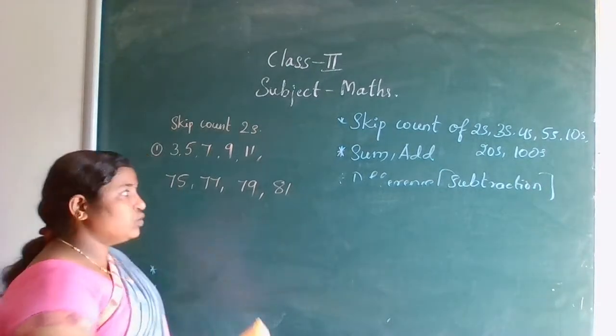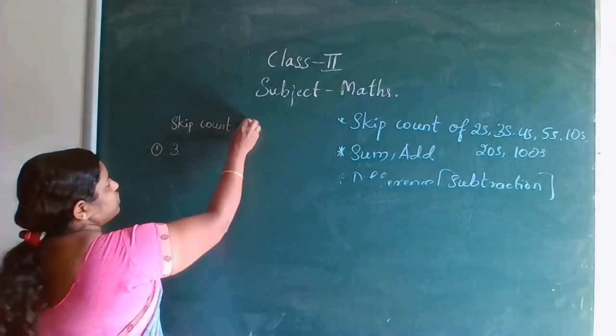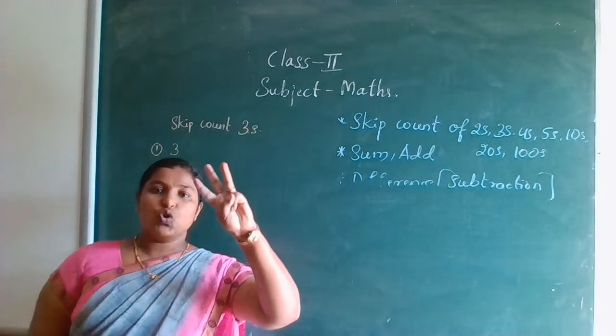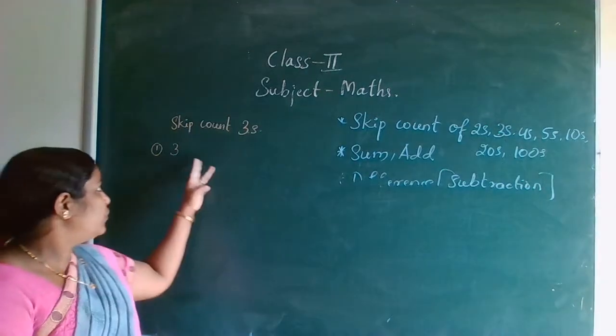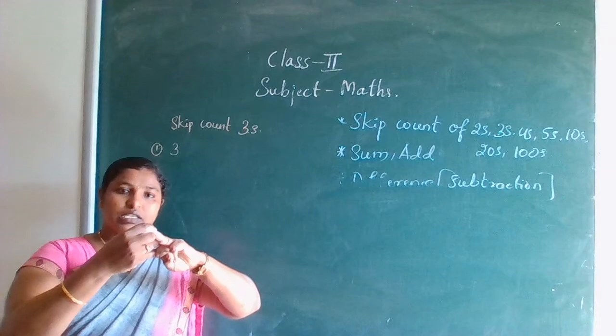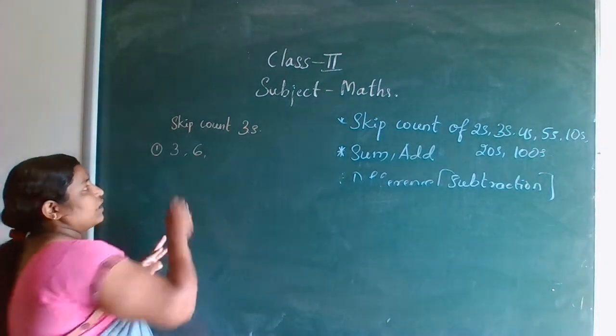What is skip count 3? Skip count 3s in the sense you should hold 3 fingers, 3 leave and count next. 4, 5, 6. So the third finger got 6. Write that number here.